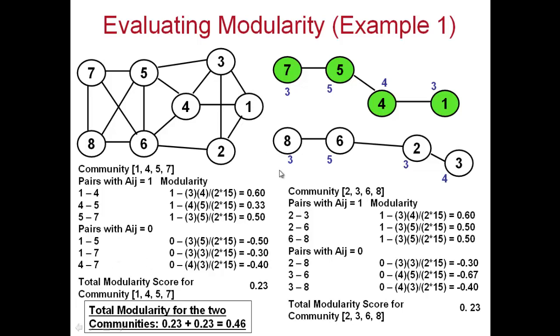And again, for 1 and 4, the degrees are 3 and 4. So the product of the degrees is divided by 2 times the number of edges in this graph. In the first module I mentioned a couple of approaches to find the number of edges. One approach is to sum the degrees of the vertices. So if you sum all the degrees of the vertices, in this case you will get, I'll have to do the calculation.